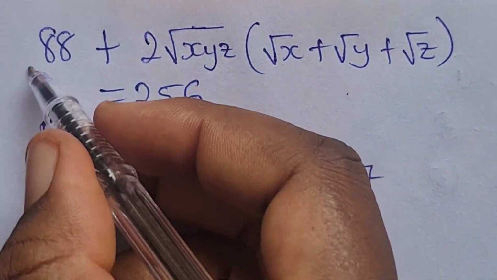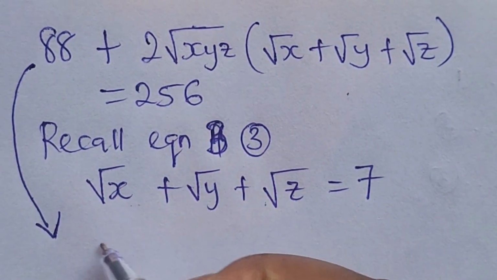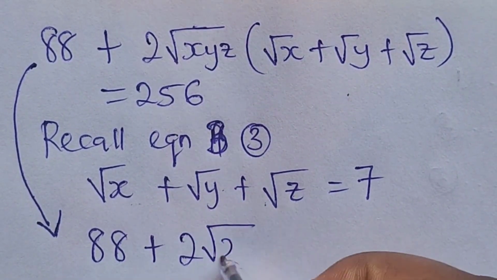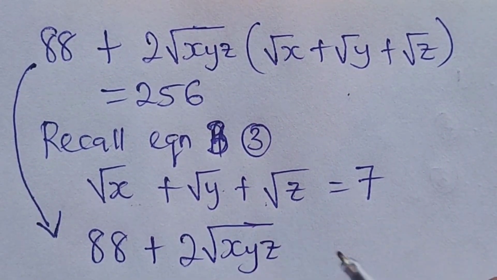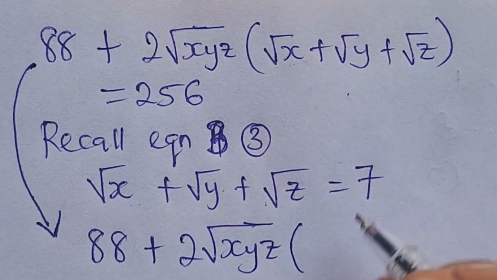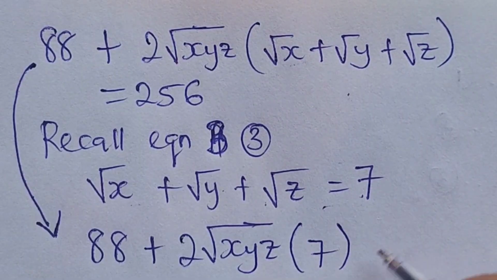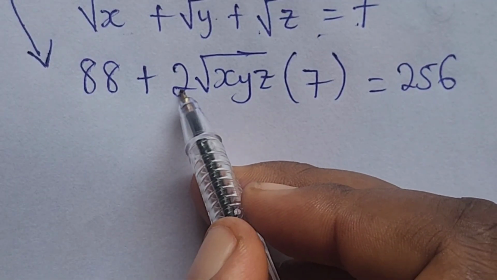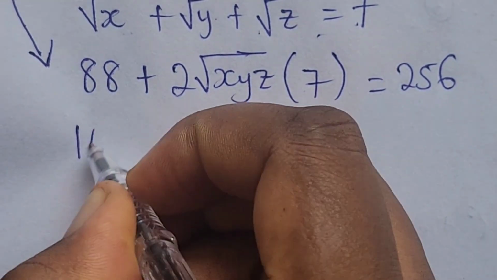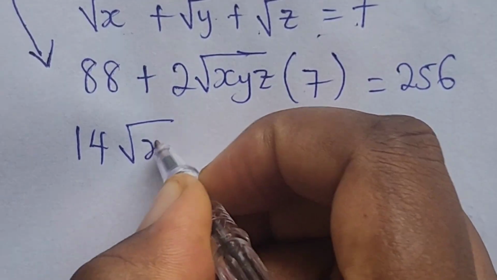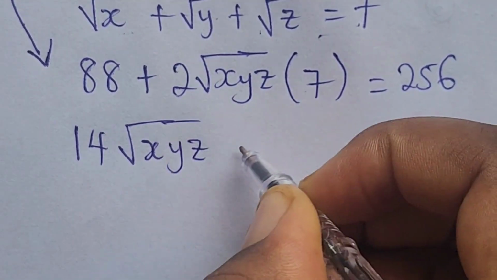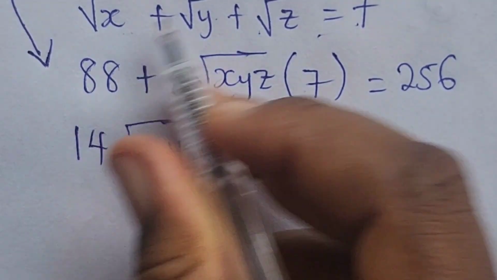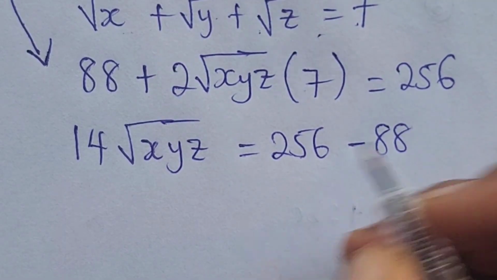We have 88 plus 2 root xyz times this, which is 7, equal to 256. So we have 2 times 7, which is 14. Root xyz is equal to 256 minus 88, crossing over.